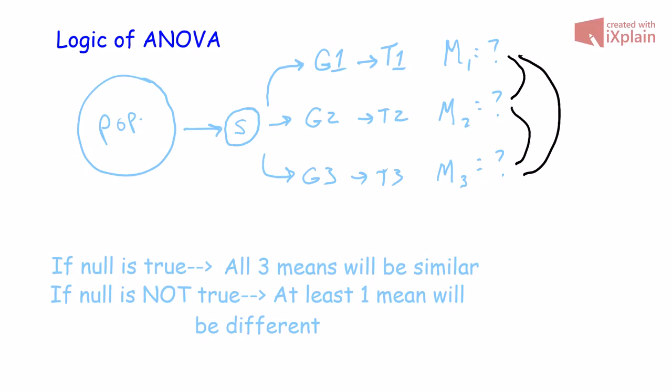If any one of these 3 comparisons are different, you would reject the null. It could be that they are all different: 1 and 2 are different, 2 and 3 are different, and 1 and 3 are different. Or it could be that just any one of these 3 comparisons are different.